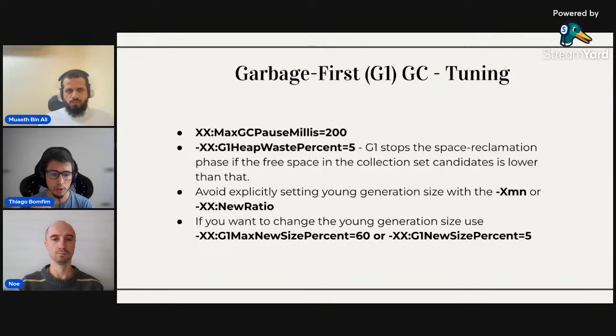If you want to configure the young generation, you can use the variables that I show below, that is G1MaxNewSizePercent or G1NewSizePercent, okay? And yeah, that's what I had to show, okay?